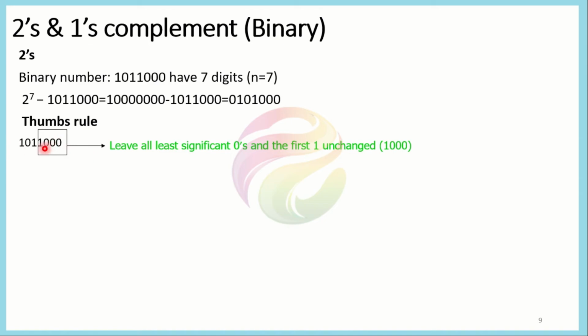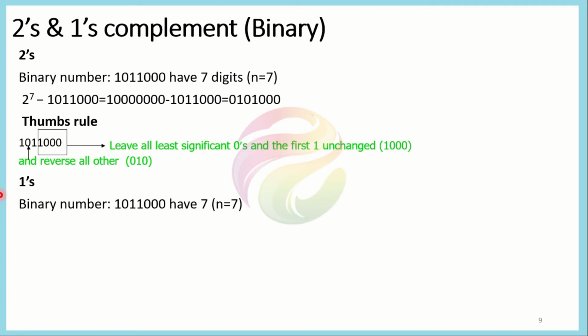So we will get all these terms the same. 1 0 0 0 will remain the same, and after that we will just reverse all the remaining bits. Reversing all the bits means that we will be changing 1 with 0 and 0 with 1. So if we combine these two parts, we will get 0 1 0, then 1 0 0 0, which is equivalent to the twos complement of this number. So in this way we can easily calculate the twos complement.